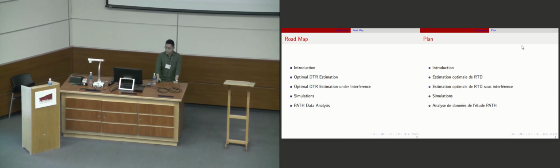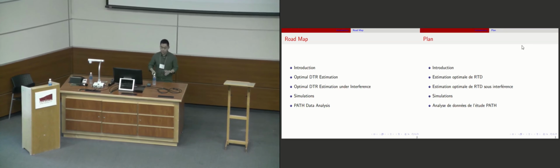First, I will give you a brief introduction to dynamic treatment regimes, interference, and the motivating example regarding smoking cessation in the household. Later, I will briefly introduce optimal DTR estimation for sequential optimal treatment, and the particular method we focus on in this paper.